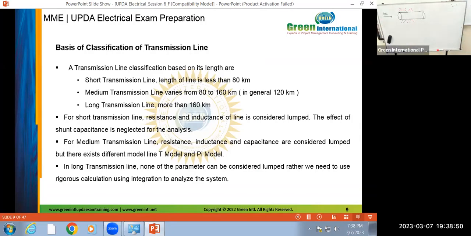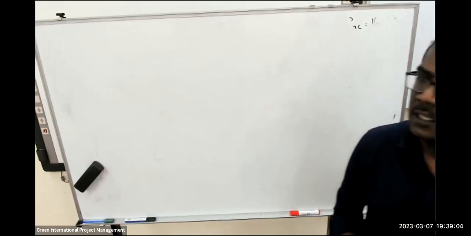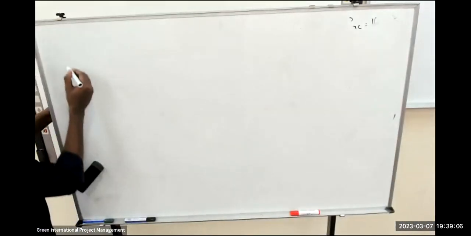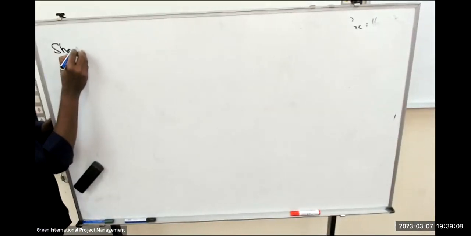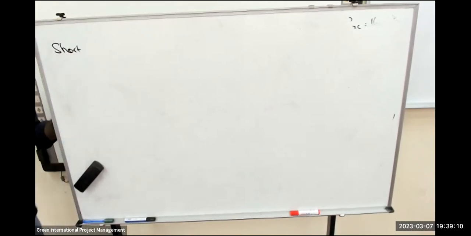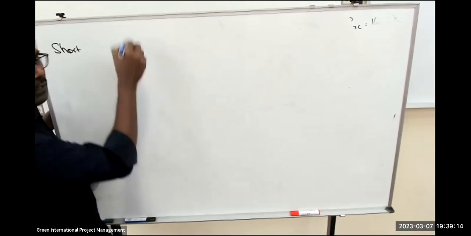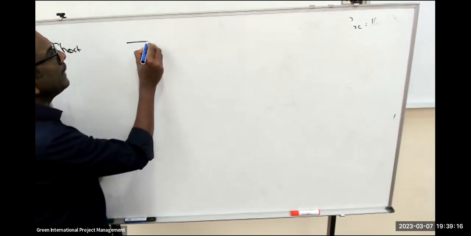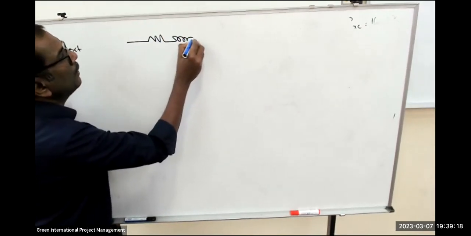And one more piece of information. What are the parameters involved in the transmission system? Resistance, inductance, capacitance. For short transmission lines, the capacitance is a negligible amount. That's why the equivalent circuit for the short transmission line is just like an RL circuit.